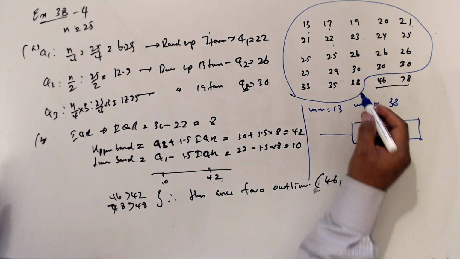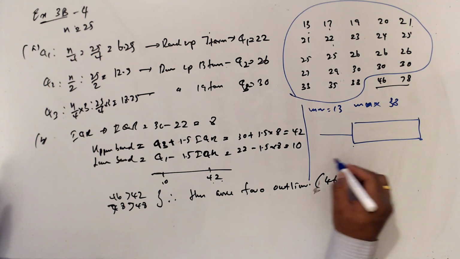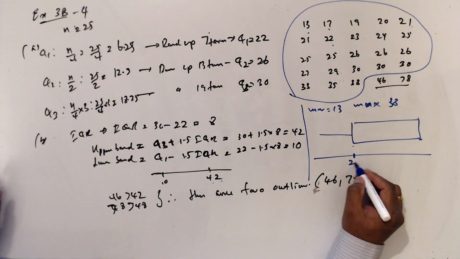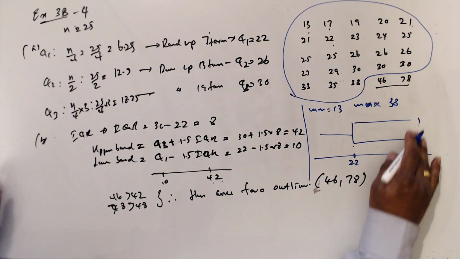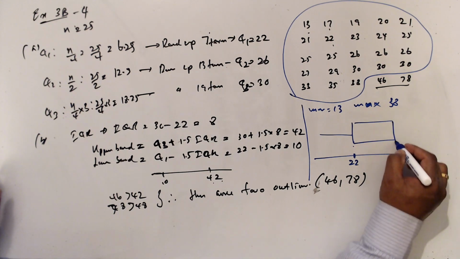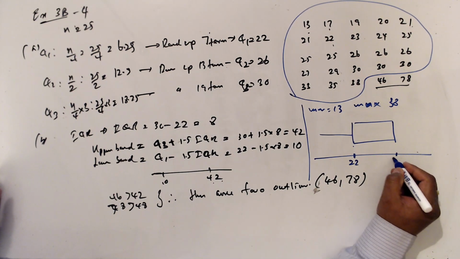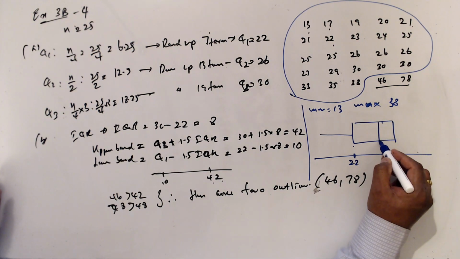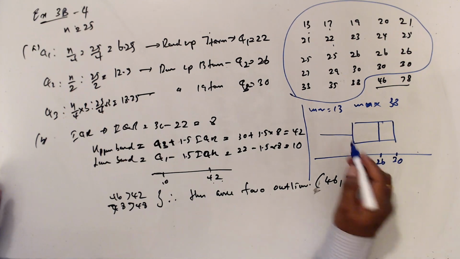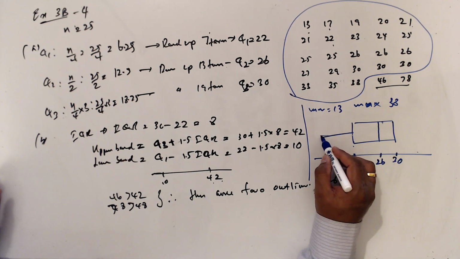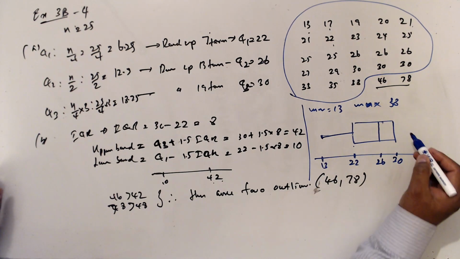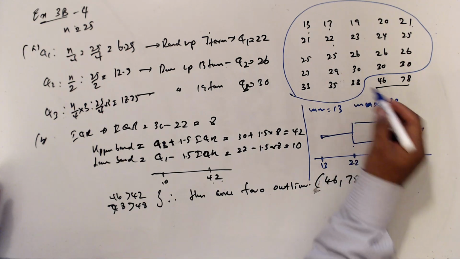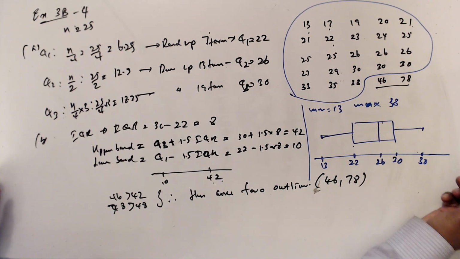So this is going to be Q1. Q1 value is going to be 22, and this is going to be 30. Q2 is going to be 26. And the minimum value is 13, and the maximum value is 38, and two outliers.